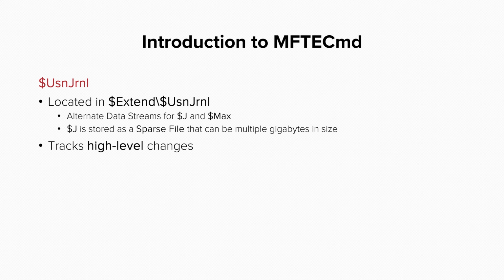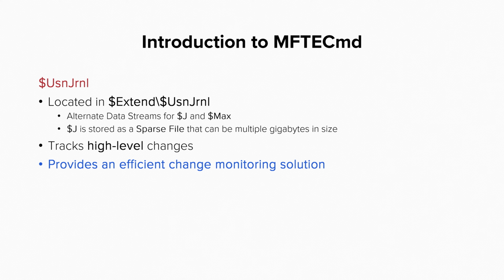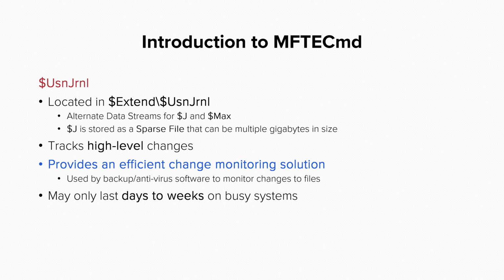Now, when you think of UsnJrnl, think high-level changes. This provides an efficient change monitoring solution. So it may come as no surprise that backup or antivirus software can use this to monitor changes or deltas to files. The information, unfortunately, may only last days to weeks on busy systems.